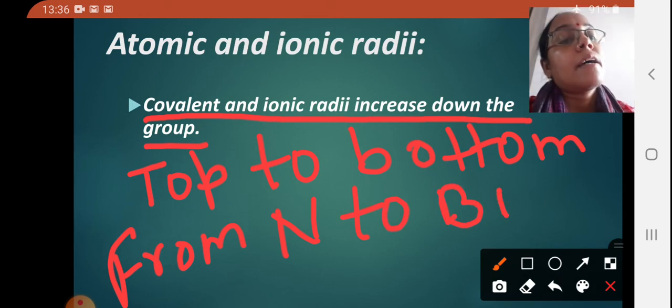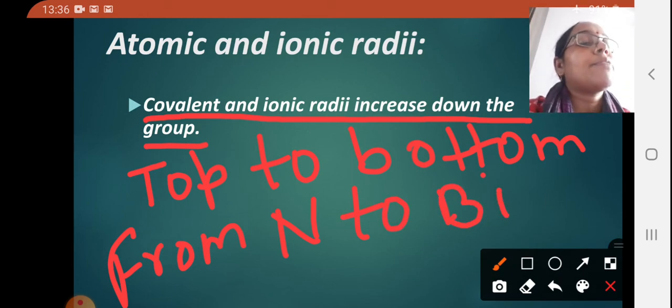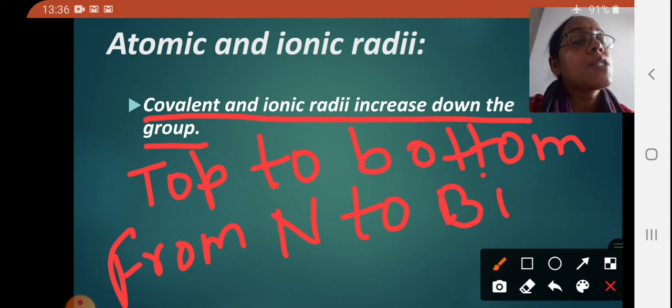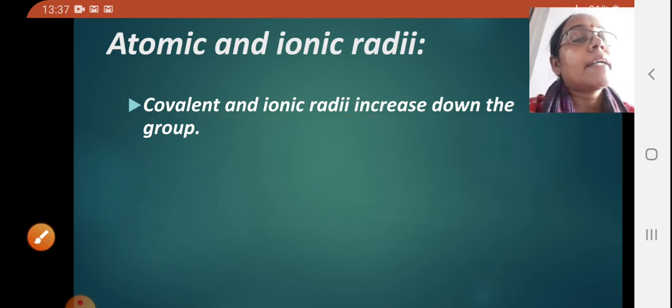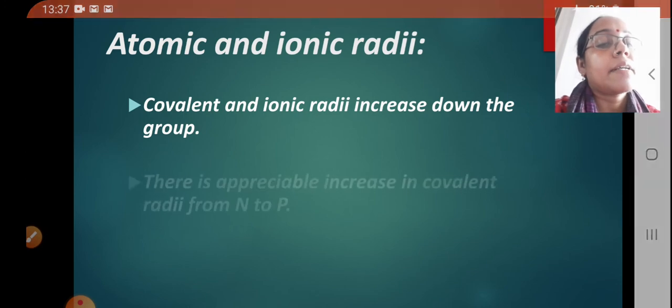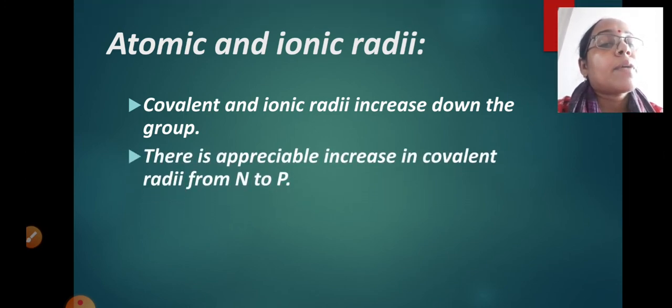Top to bottom here means in group 15 nitrogen is at the top, the smallest one, and bismuth is at the bottom, the biggest one. So as you go from top to bottom in group 15, you will find that covalent and ionic radii increase.